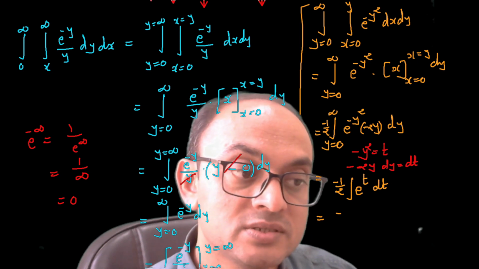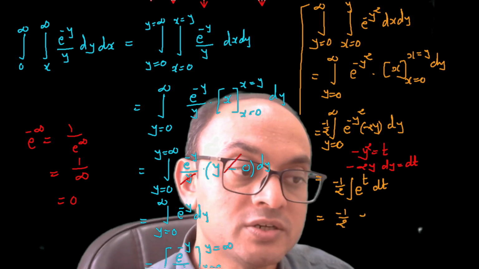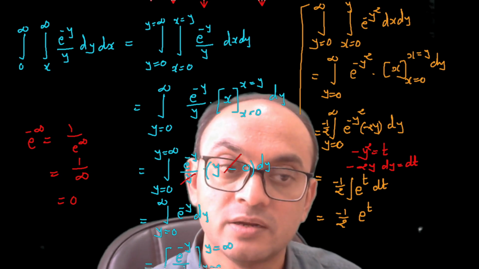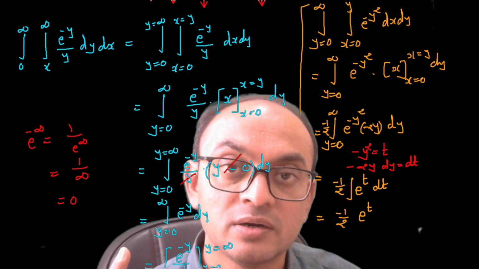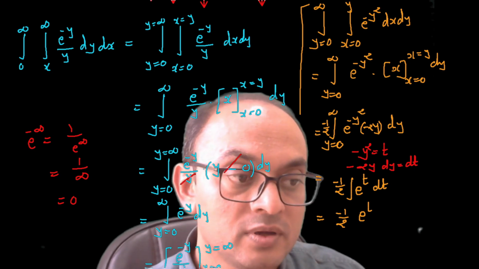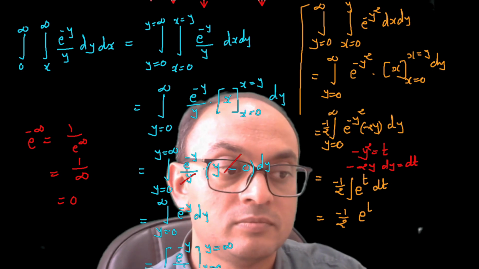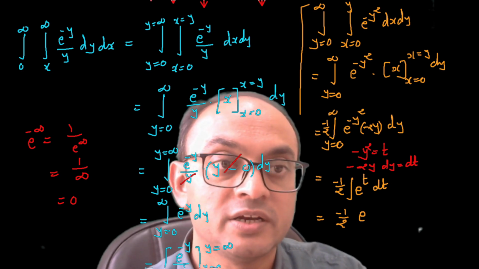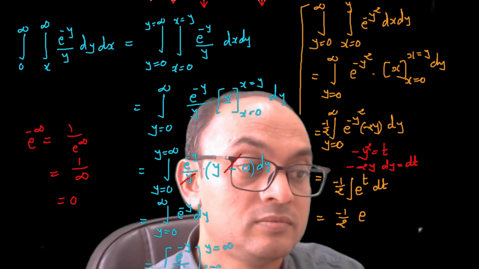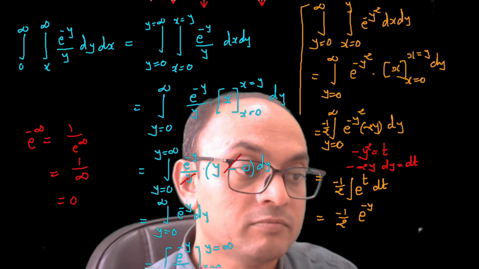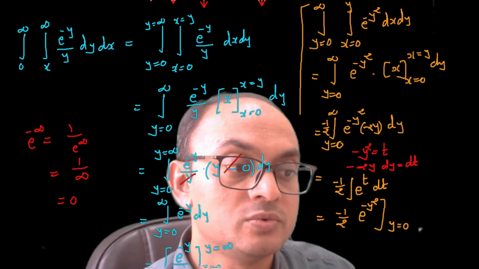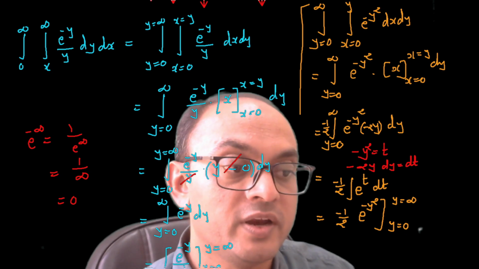Then this is minus 1 upon 2, integration of e raised to t is e raised to t. Right. What is t? t is equal to minus y square. So the integration is e raised to minus y square from y is equal to 0 to y is equal to infinity.